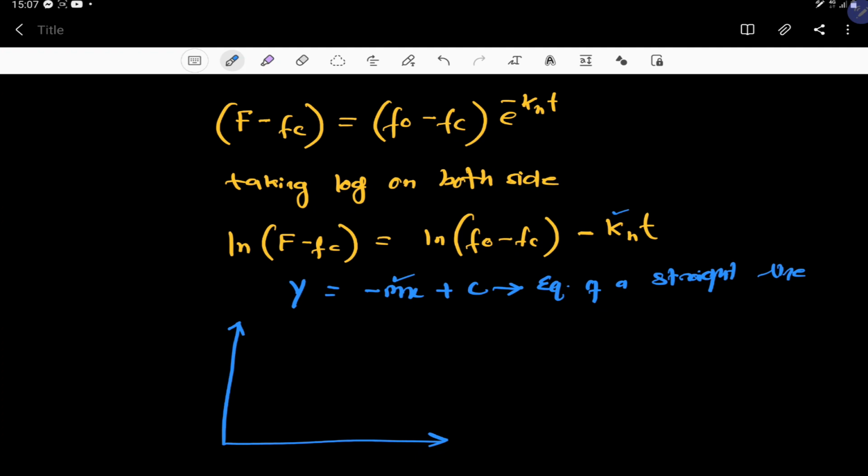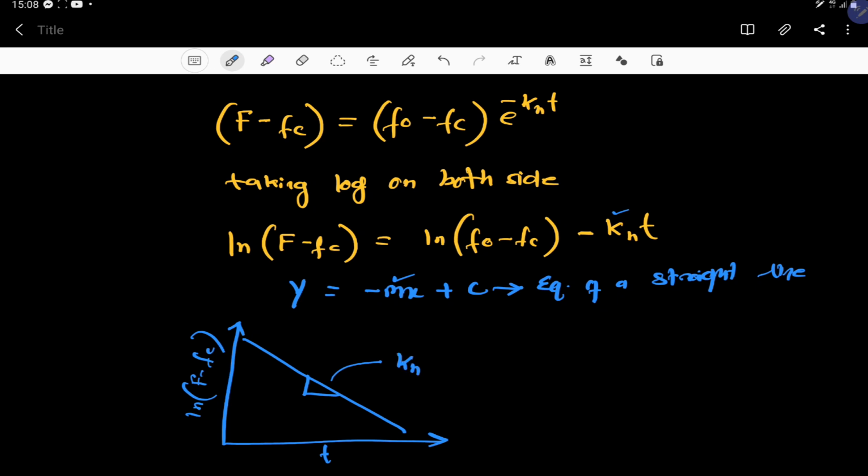Here x represents the time t, so you plot time on the x-axis and ln of f minus fc on the y-axis. We are going to get a line like this, and the slope of this line is in fact the value kh.